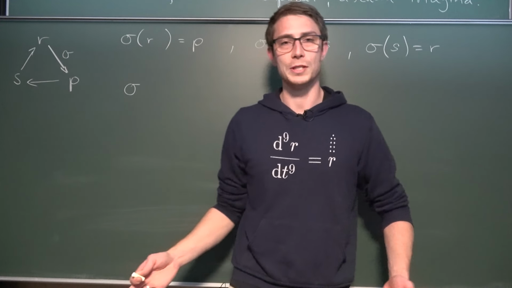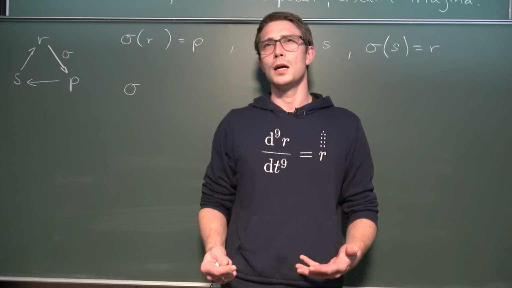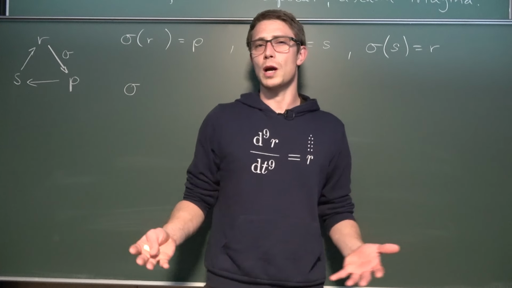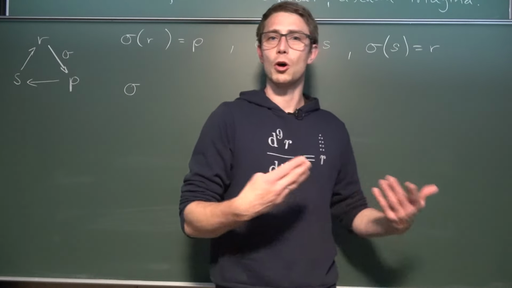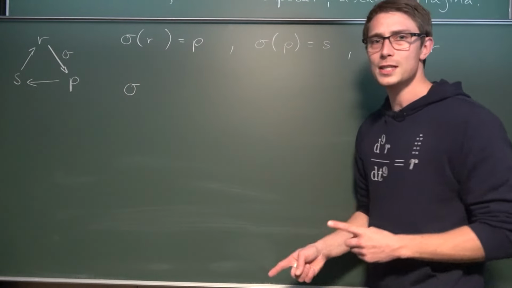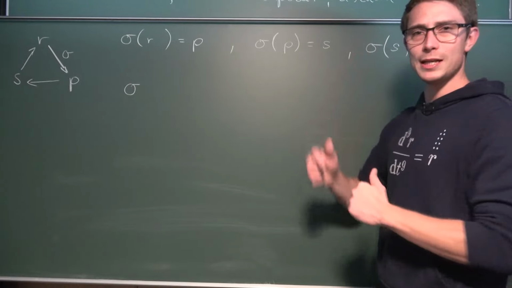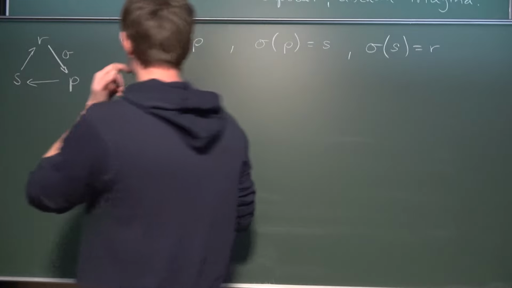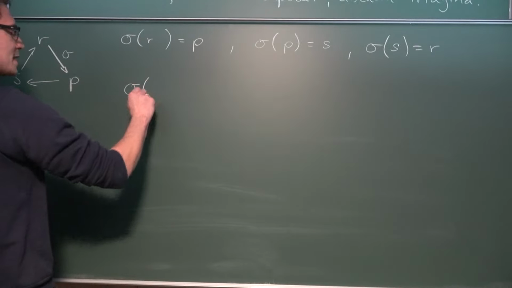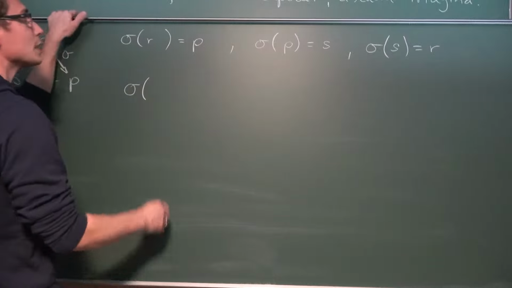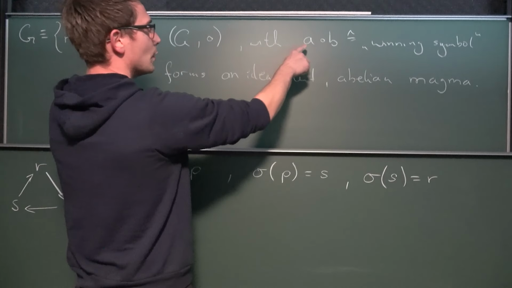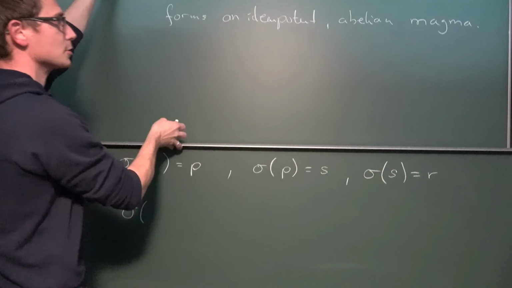What is a homomorphism? In algebra, it's something that just preserves the structure of an original operation. We have our binary operation, which spits out our winning symbol. Now what would happen if we do, for example, sigma of, and now we are going to take a look at our original operation, A versus B, you could say.